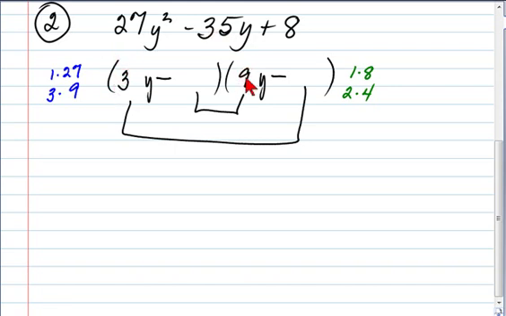I've anchored those, and I will try everything else and leave those. So you want to go to 2 and 4? Okay, 2 and 4. The outer product is negative 12y. The inner product is negative 18y, which add up to be negative 30y, and that's not right. Okay.